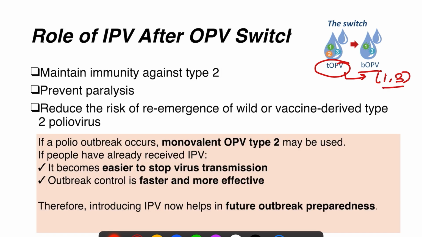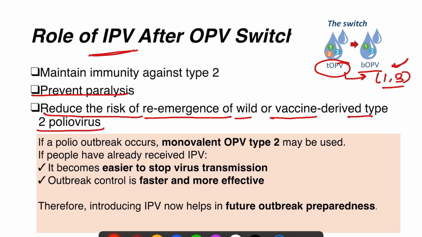Because of the removal of type 2 from the oral polio vaccine, we need to maintain the immunity against type 2 and that help will be provided by the IPV. It helps in the prevention of paralysis and it reduces the risk of re-emergence of wild or vaccine-derived type 2 poliovirus. Vaccine-derived type 2 poliovirus is derived from the OPV vaccine only.